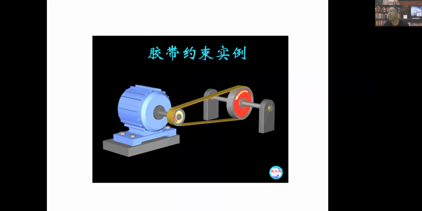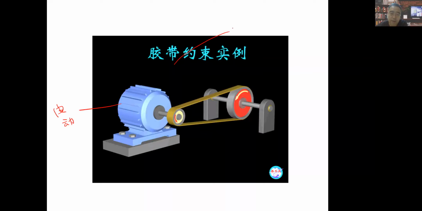This is a typical example. Can you guess what this is? This is the motor, right? 电动机, motor, 马达. When we give electric power, this one will rotate maybe in this direction. Then because this strap is fastened onto this smaller and bigger wheel, and there is friction force between the strap and the wheel, when the smaller one has a rotation moment, this one will also have a rotation moment, right?